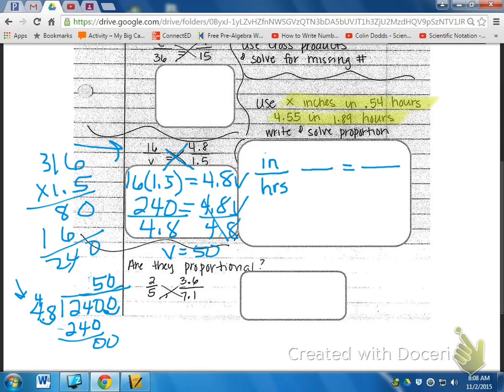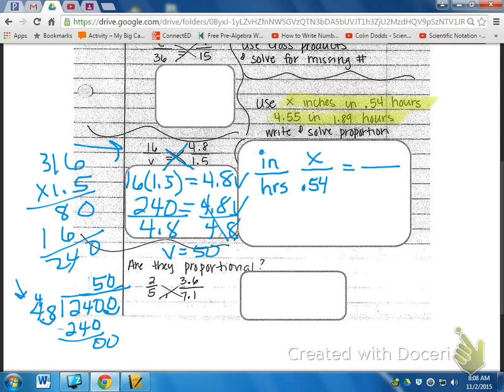The first set says X inches in 0.54 hours. So if I'm going to put inches on top, what do you think I should put there for that first set? Tori? X. And then what should go for the hours? 0.54.